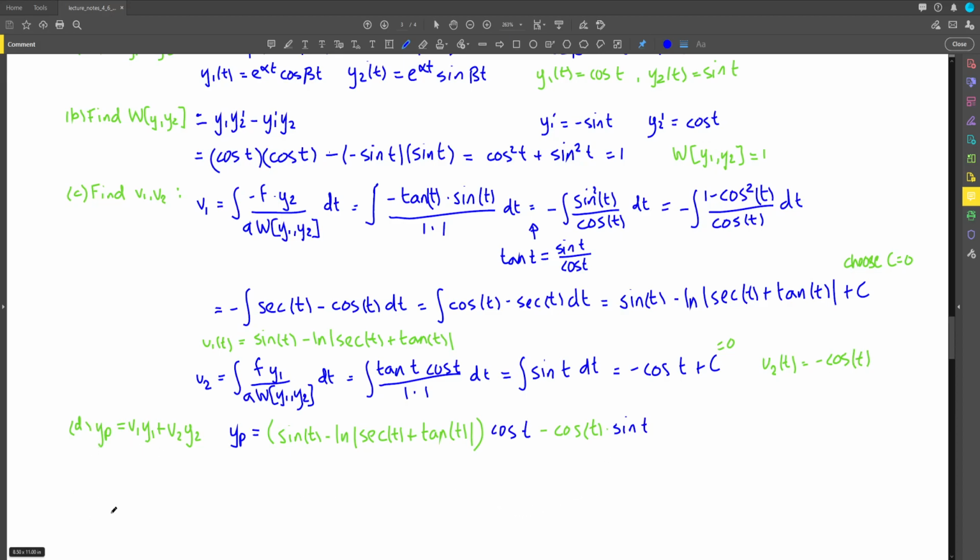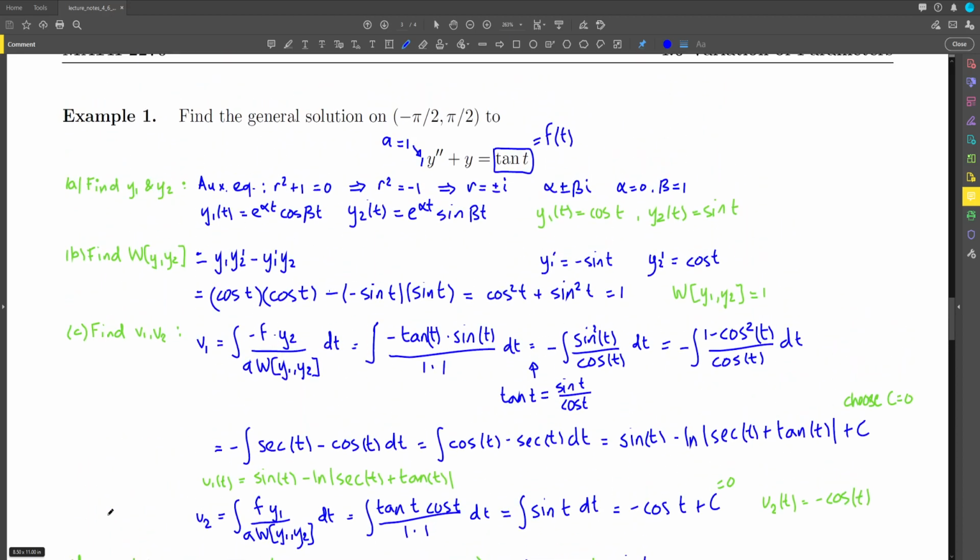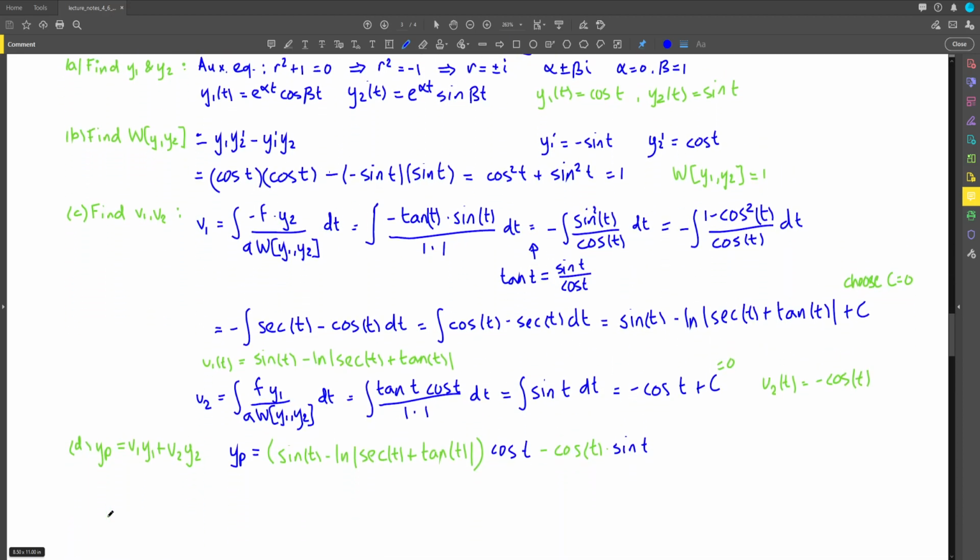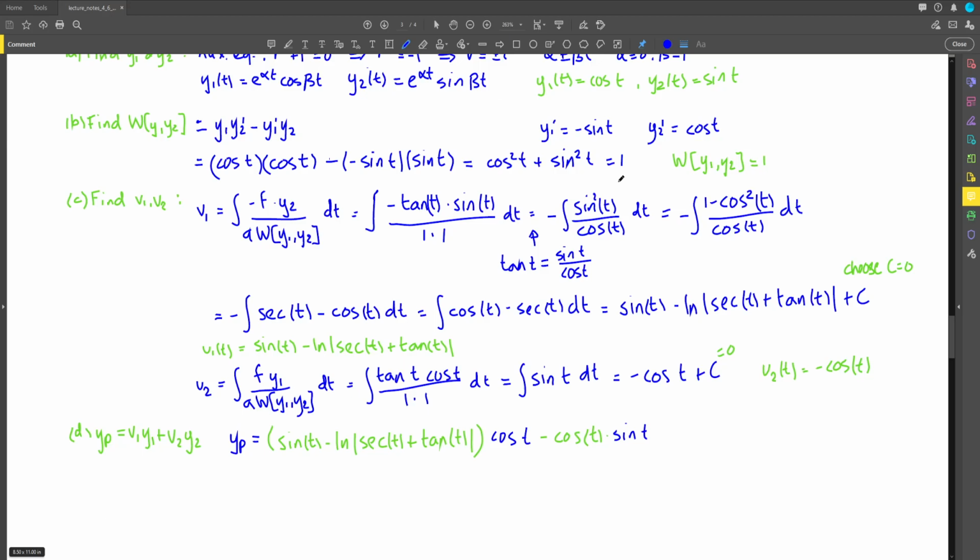Now, the final step is we have to find the general solution. So the general solution is given by y of t is the solution to the homogeneous differential equation plus the particular solution.